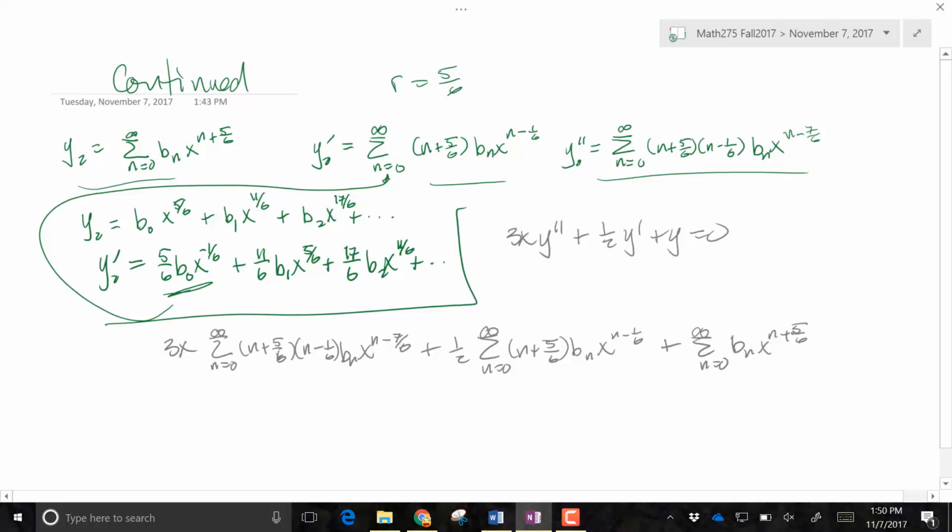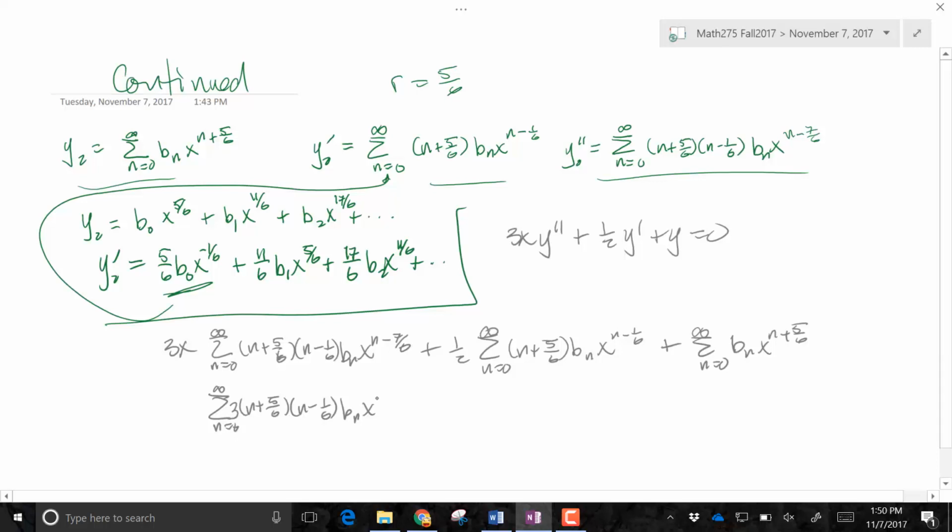All right, multiply some stuff out. Same thing, right? Multiply stuff out, match the terms. So we got n going from 0 to infinity, n plus 5/6, n minus 1/6, b sub n, x to the, oh, there's a 3 in there. Let's throw a 3 in there. And then there's an x that we get to add.